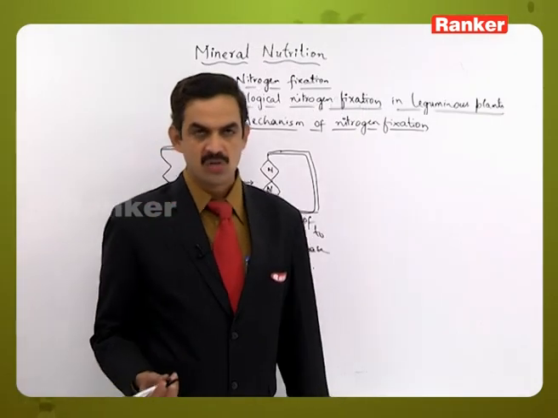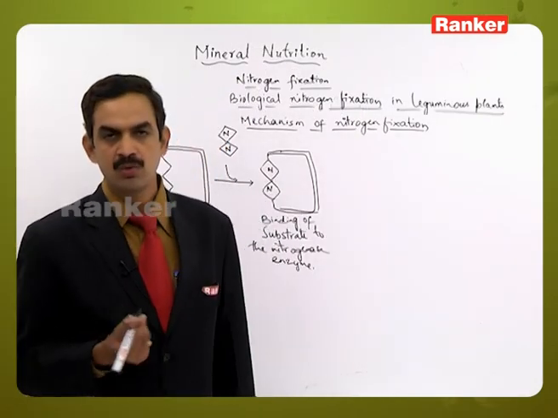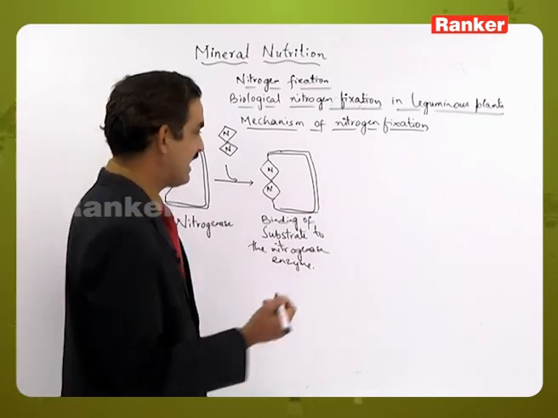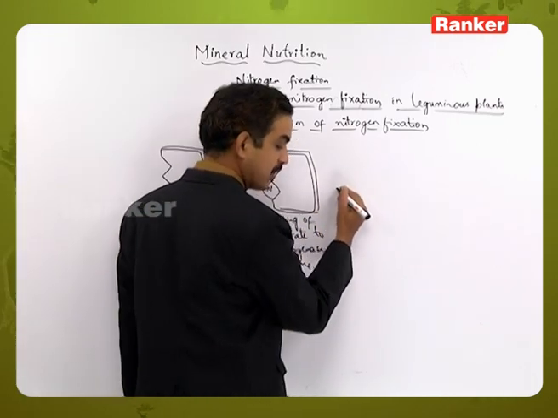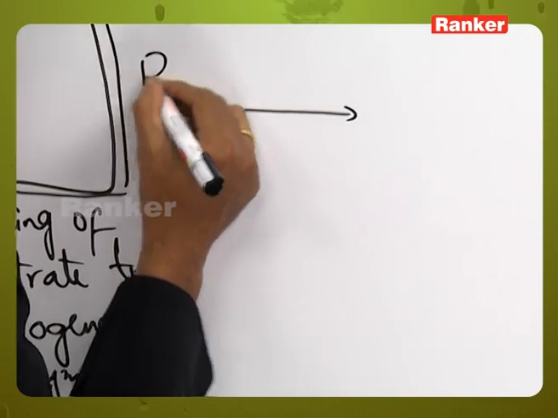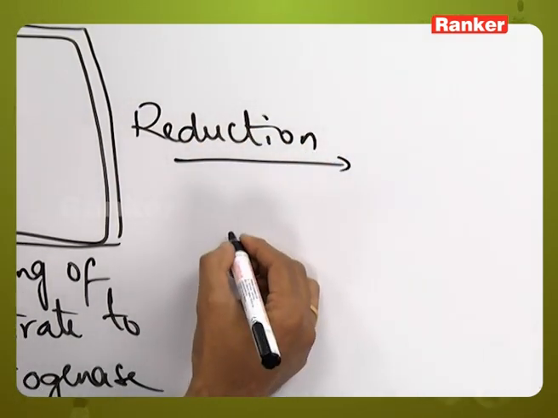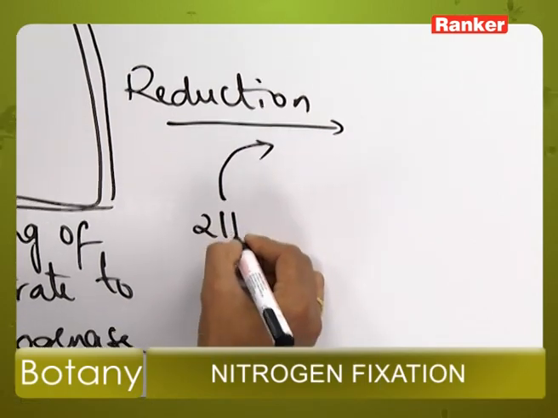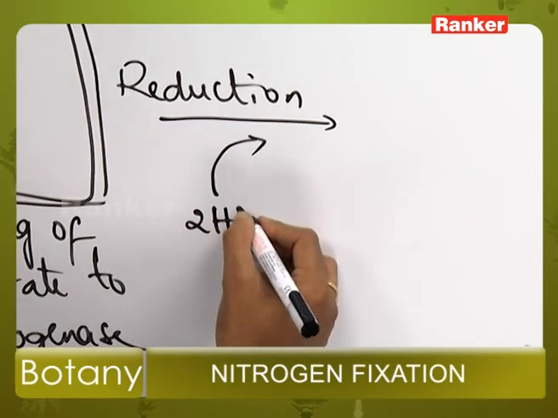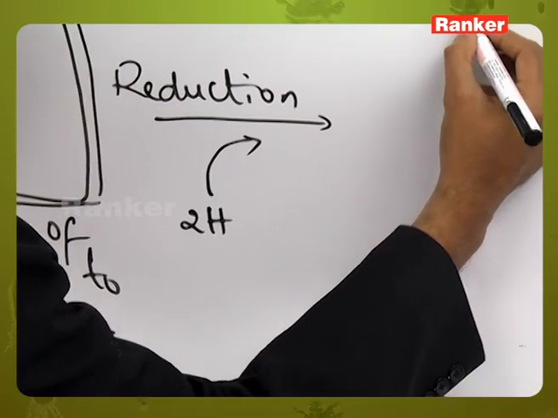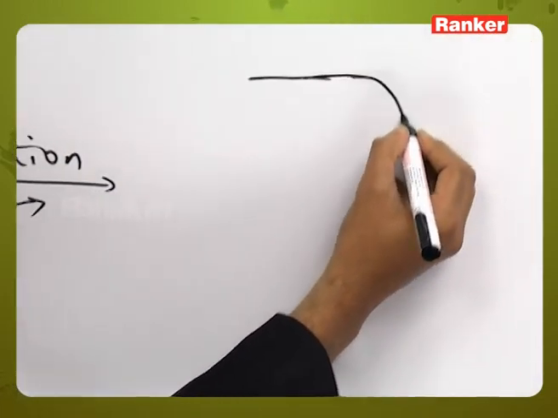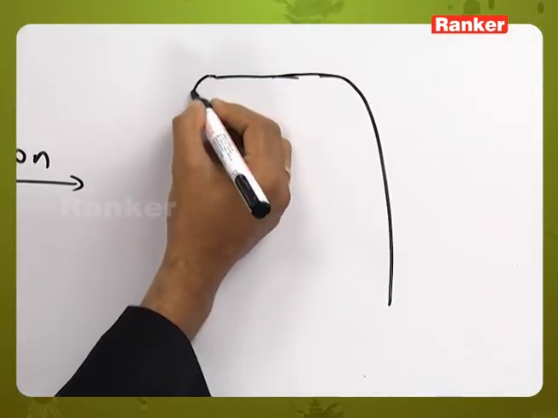Now in the process of reduction, at every step hydrogen molecules will be added to this nitrogen molecule. So here in the first step of the reduction, two hydrogens are added, gradually leading to the formation of this type of structure.